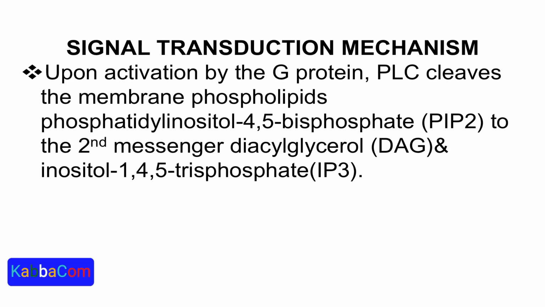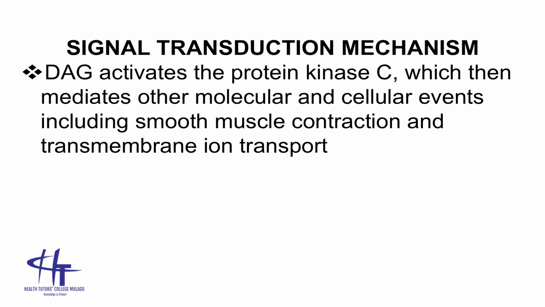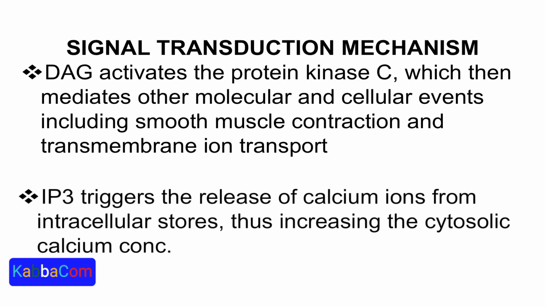Once it cleaves it, you have two substances that come out of that. You have what we call DAG, or diacyl glycerol, and then we also have inositol triphosphate, referred to as IP3.